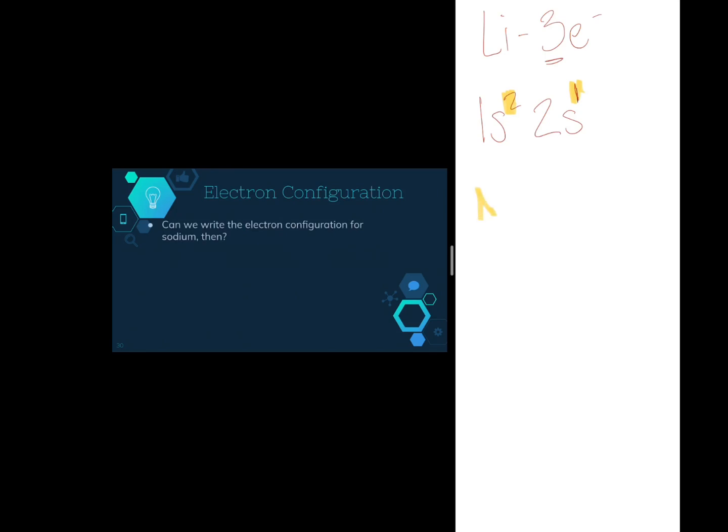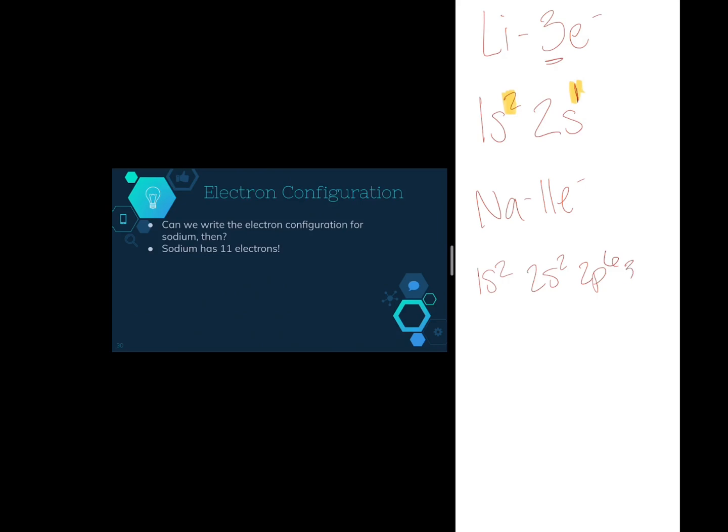So let's do sodium. Sodium is Na, which has 11 electrons. So I'm going to start with 1s2, 2s2. After that, remember that the energy level number 2 has S, but it also has P sublevels. P can hold up to 6. So I have 2, 4, 5, 6, 7, 8, 9, 10.